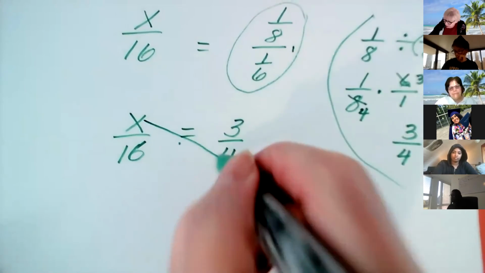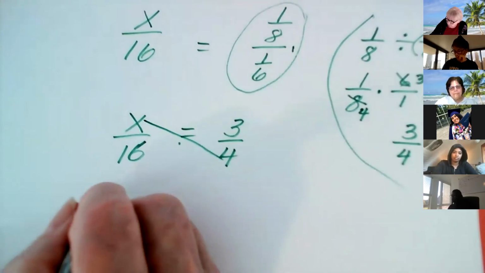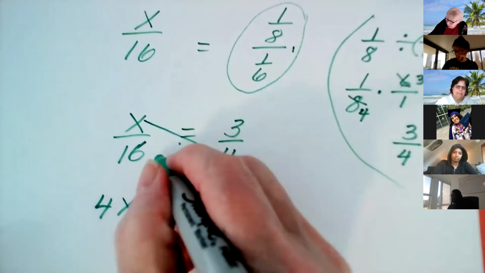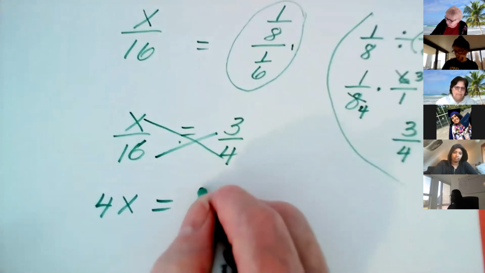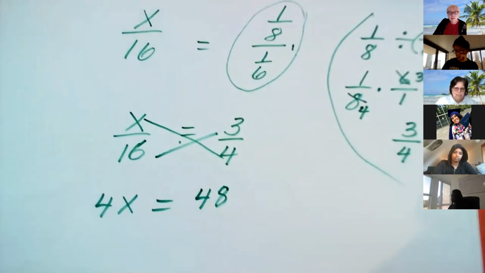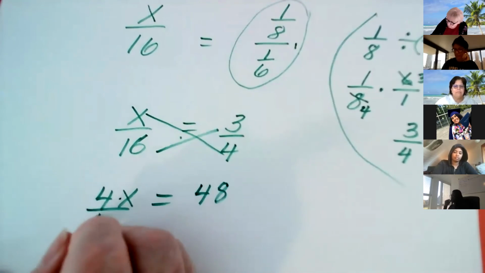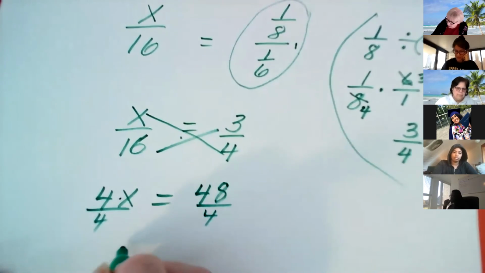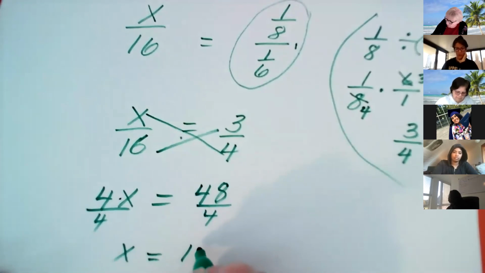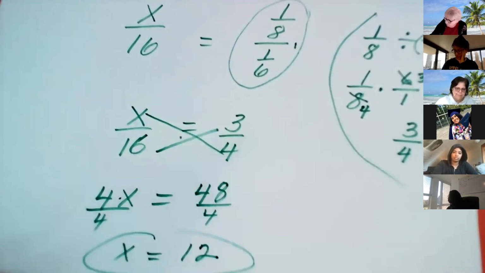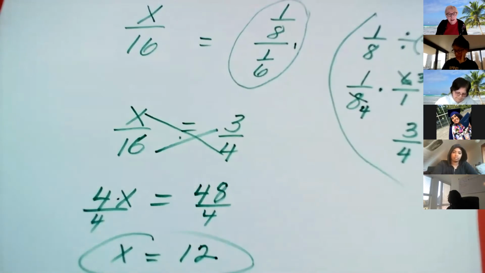And so now it's solvable. This is x times 4, we would write as 4x. This is 16 times 3, this is 48. We need to get rid of the 4, so I divide both sides, and x equals 12. That's how we would do it with our skills at the moment.